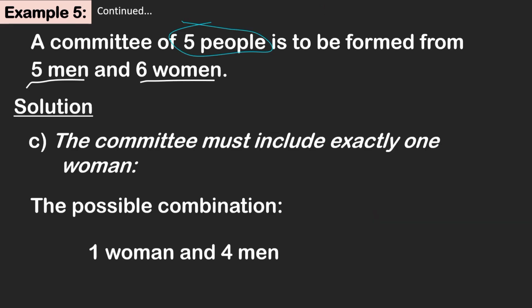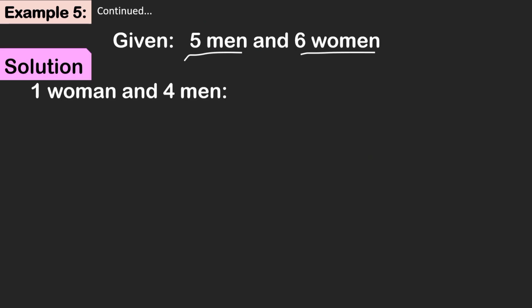In letter C, the committee must include exactly 1 woman. The only possible combination is 1 woman and 4 men. Let's calculate the possibility by applying the combination formula.